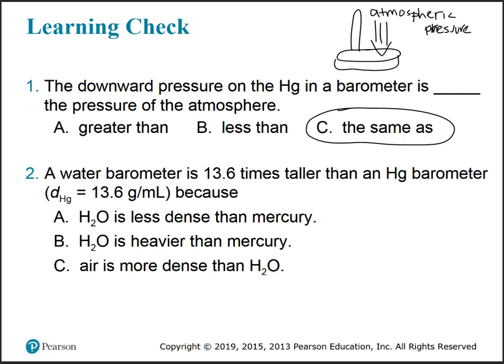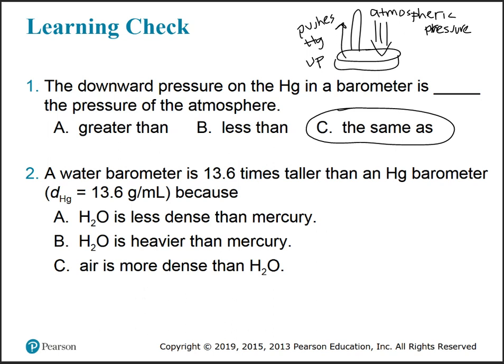And that pushing down pushes the mercury up. So the downward pressure in a barometer is the same as the pressure of the atmosphere.